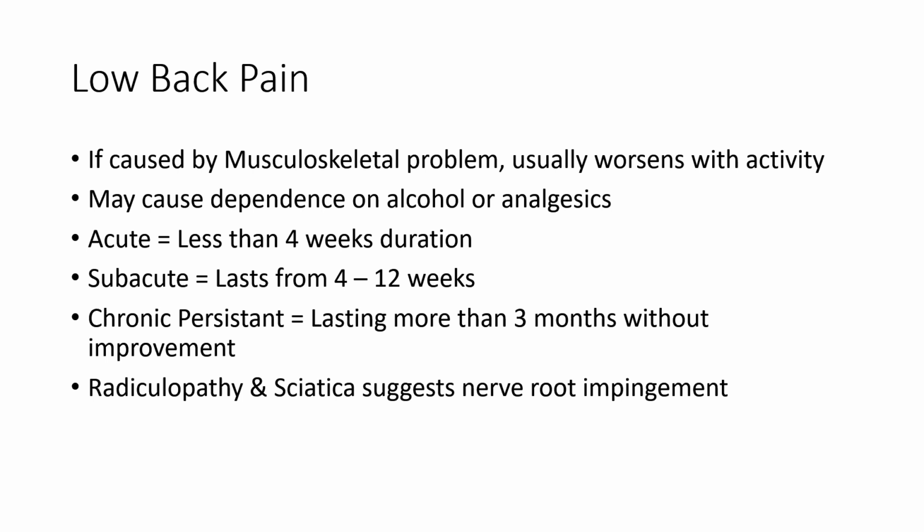Radiculopathy and sciatica are nerve root pain that originates from either a herniated disc or a herniated nucleus pulposus, and we'll talk more about that. This just means that there is nerve involvement and that it's not just bony pain.